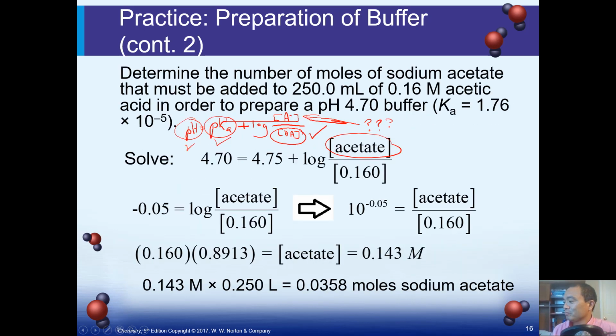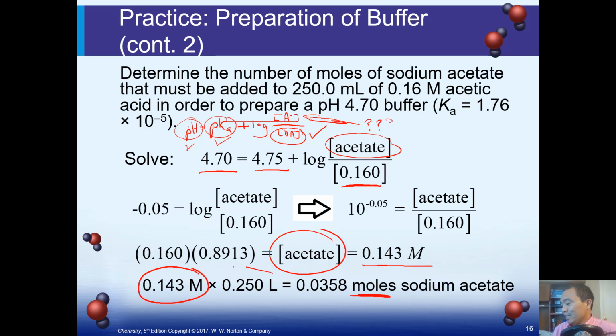We put down the numbers for the pH, pKa, and the concentration for acetic acid here. After you do the calculation, you figure out the concentration for acetate is 0.143. The moles is the molarity times volume in liter. 250.0 milliliter is 0.2500 liter.